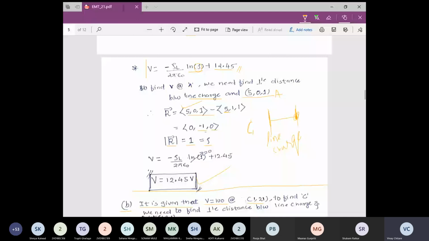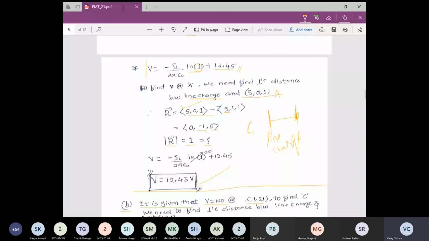Please tell me, in order to find C, I should find the perpendicular distance rho between two points.